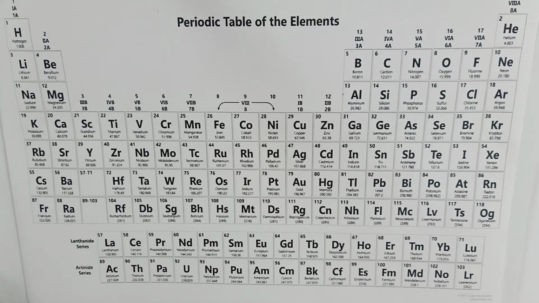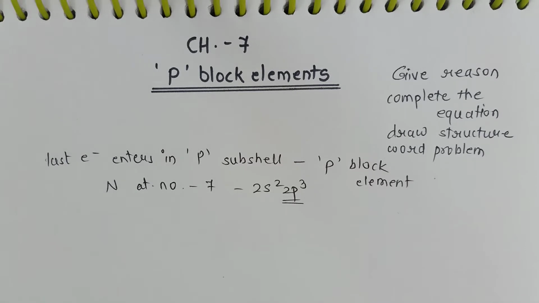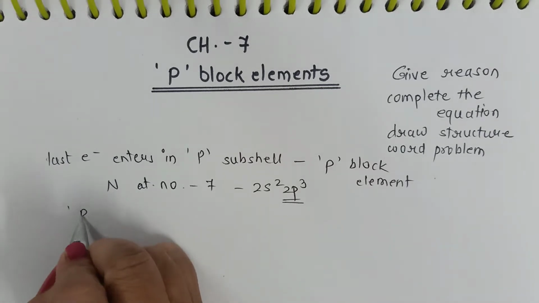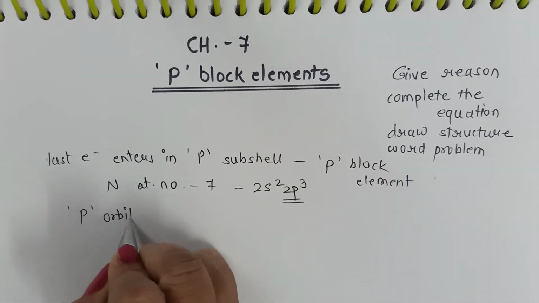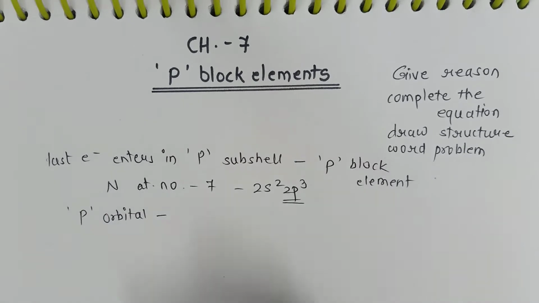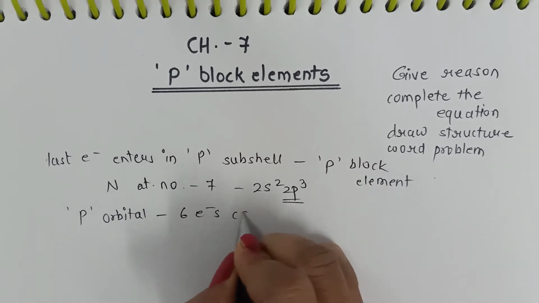Now the question is that why we have 6 groups in P block elements? We know in P orbital, how many electrons can be accommodated? 6 electrons can be accommodated.